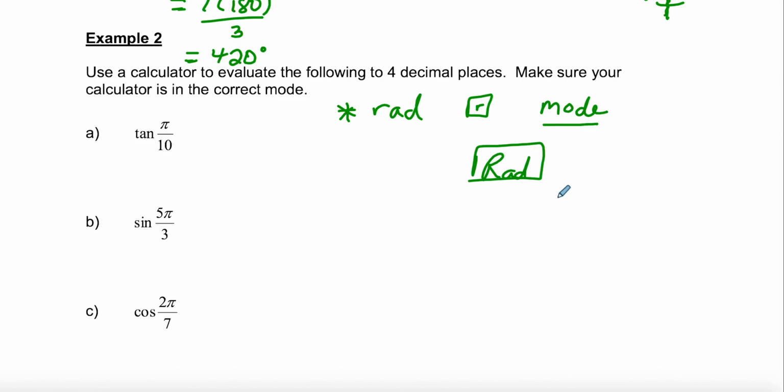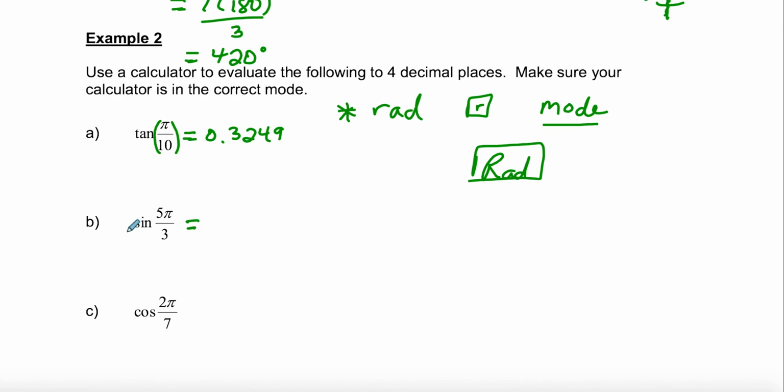And then we also want to use a lot of brackets when we type this in. So this is just typing this into your calculator: tan, bracket, pi, so hopefully you have a pi button on your calculator, pi divided by 10, and we get 0.3249.